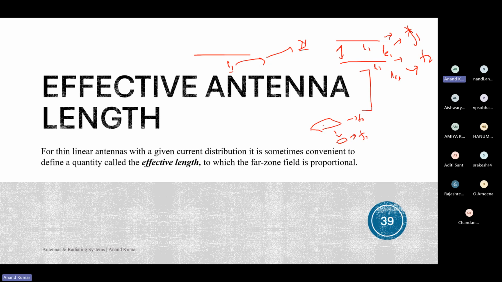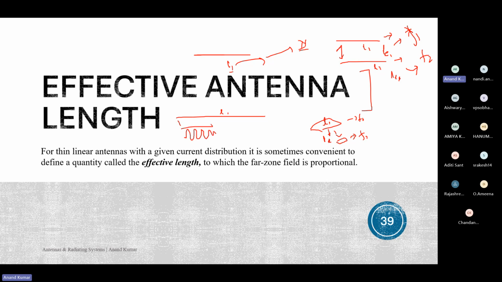What they are doing is reducing the length, but even after reducing the length, they are maintaining the effective length. A very popular example is you could have a dipole of a particular length L, and then you could have a meandered antenna.